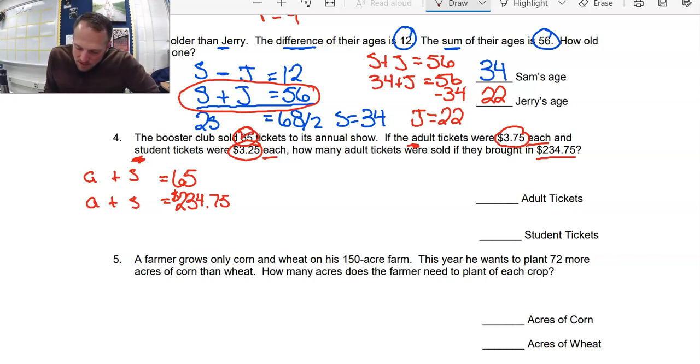We've used the 65 and the $234.75. What we've got to get in here is the price of those tickets, $3.75 for each adult. So that's going to be 3.75 times A. I knew it went on the bottom because that's where it's talking about dollars. And each student ticket was $3.25.